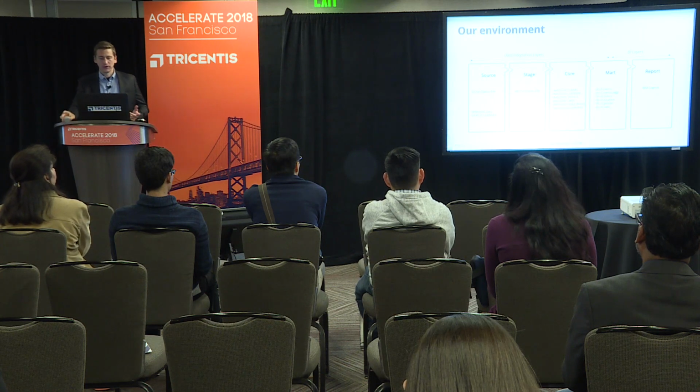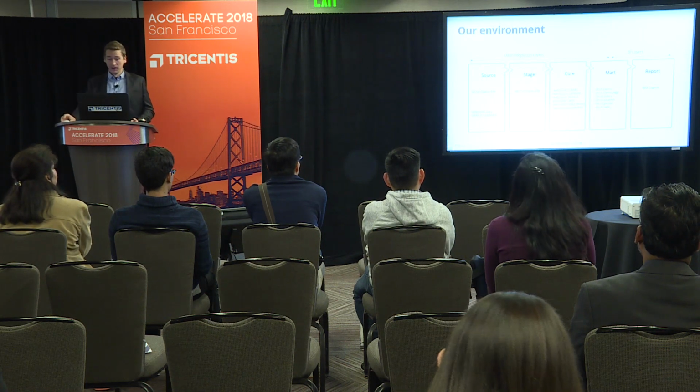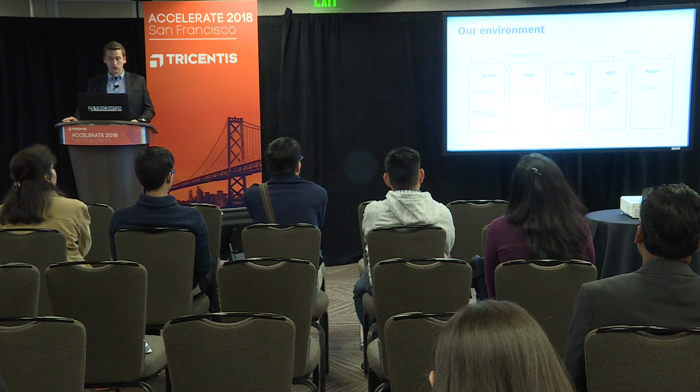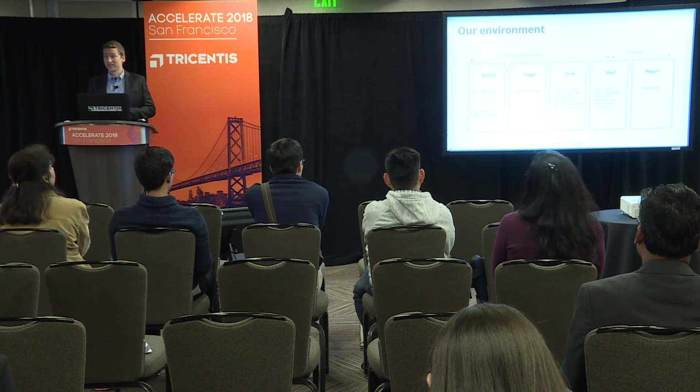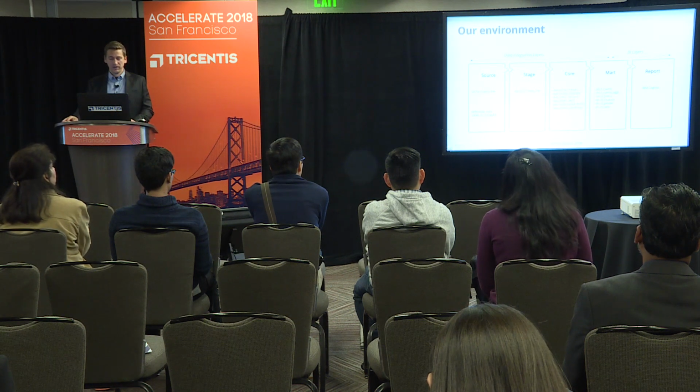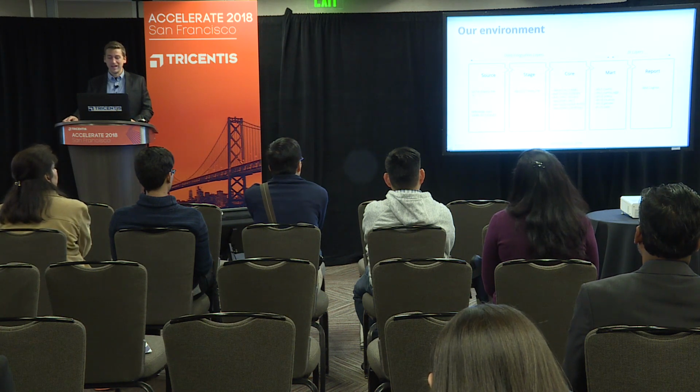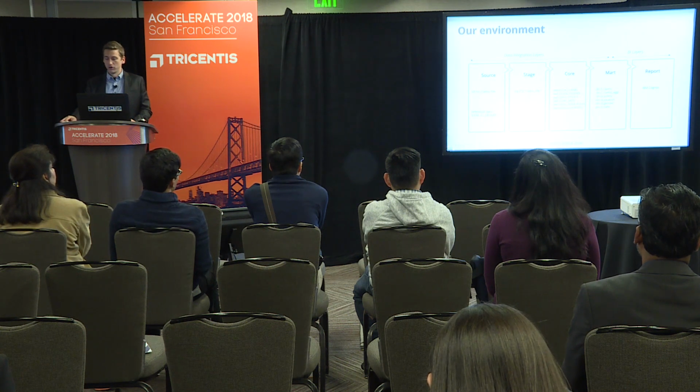Okay, for the demo, we've got the following simplified environment. We've got a source, and in the source we have a file, which is a claims file, so insurance claims, and they are loaded into the landing table. From there, it's being copied into the staging table, and then it goes into the core data warehouse. Those tables have the DWH prefix.